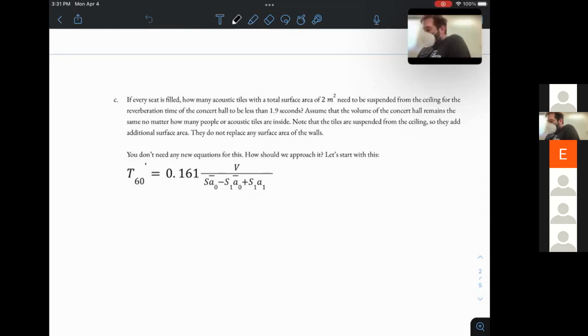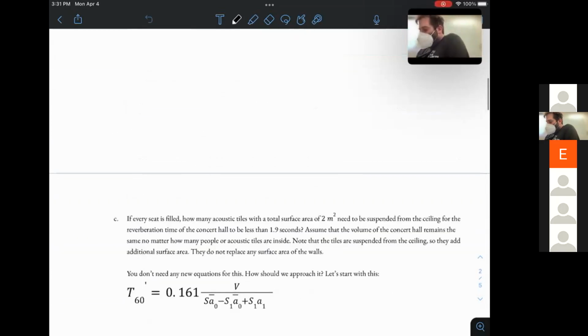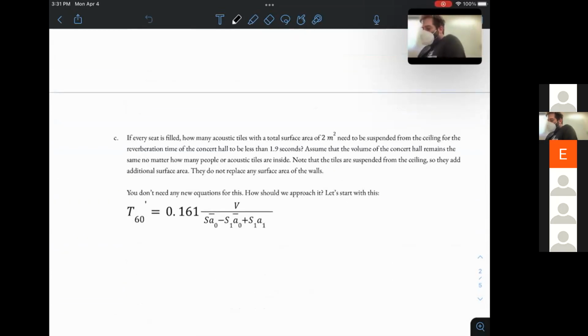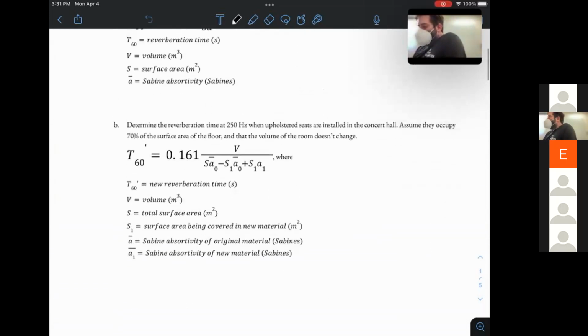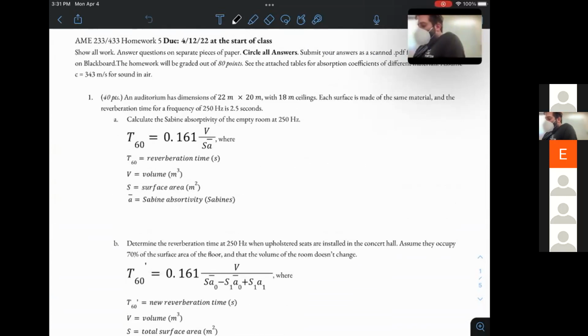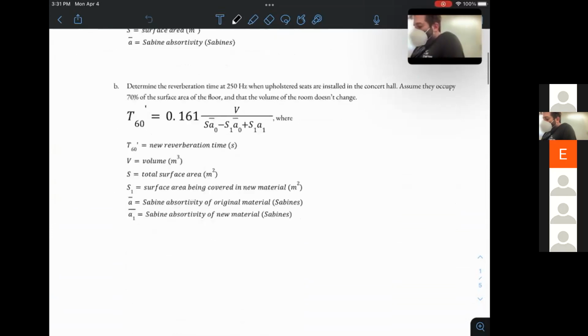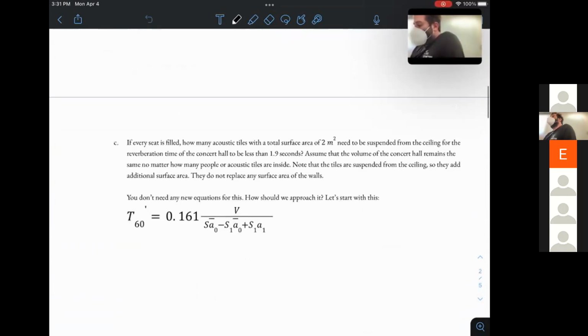Okay, so we've got this thing here. This is the same equation we had for the one above it. And the move here is we're going to rerun this. We know T60 prime now, or T60 double prime, whatever we want to call our new reverberation time. We're going to forget that we did part B at all, come up here to part A and use our new Sabin absorptivity for filled seats.